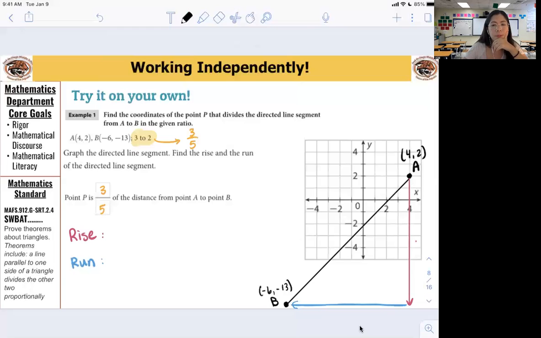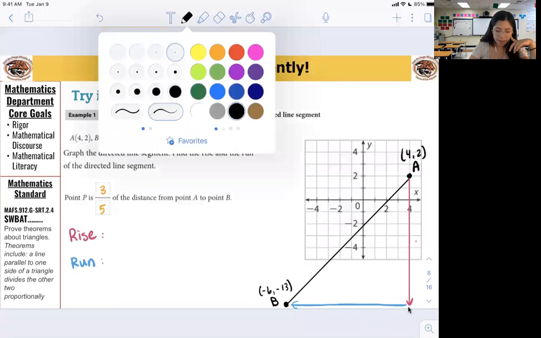For the rise, it's not negative 11. Does anyone else think they got it? No? Because you got to get all the way down to negative 13. There you go. So we have negative 15 for the rise.